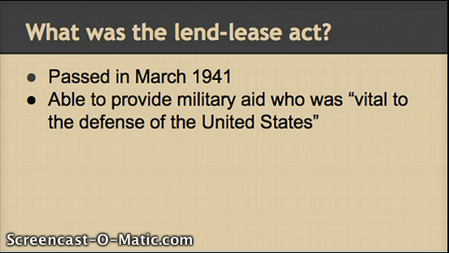If your neighbor says, can you please lend me your hose, my house is on fire, you don't say, neighbor, my garden hose has cost me $15, you have to pay me $15 for it. What you do is you say, I don't want $15, I want my garden hose back after the fire is over. In April, FDR expanded the Lend-Lease program by offering aid to China in their war against the Japanese. By the end of the program, the British received over $1 billion in aid through October 1941.